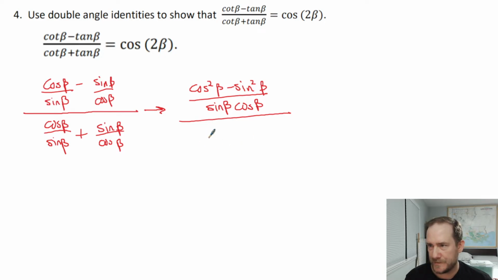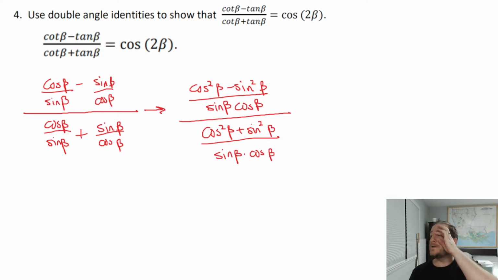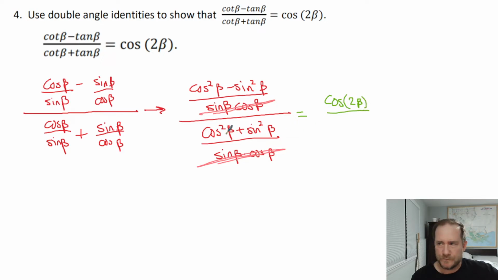Our denominator will be cosine squared plus sine squared, but with the same denominator. Alright, so we know that we can kill those denominators. Yeah, okay, right, we're done. So this is now cosine 2 beta, just over 1, which is cosine 2 beta.